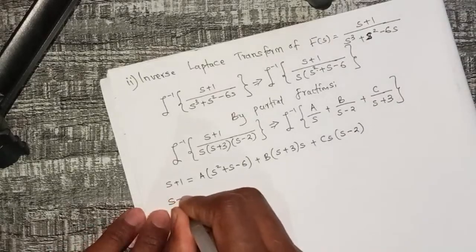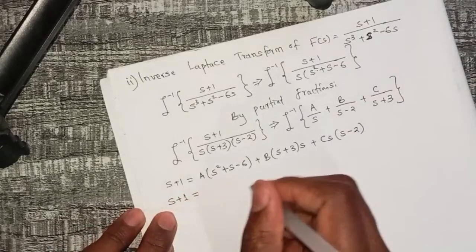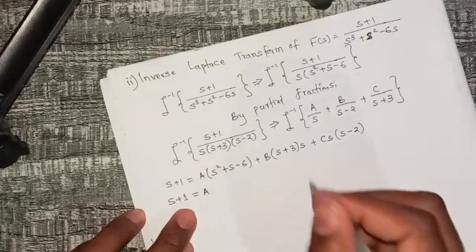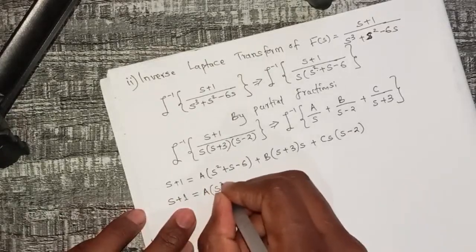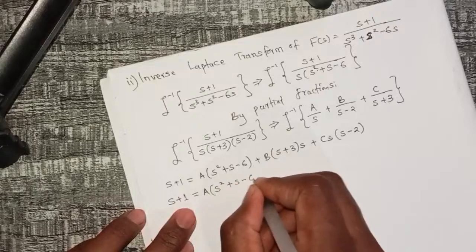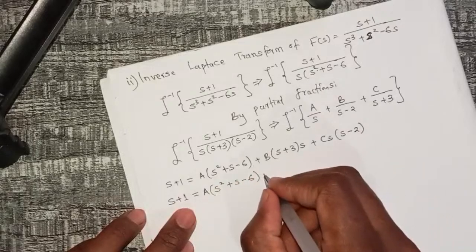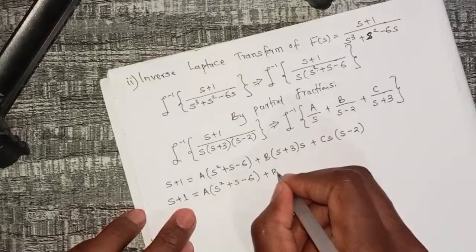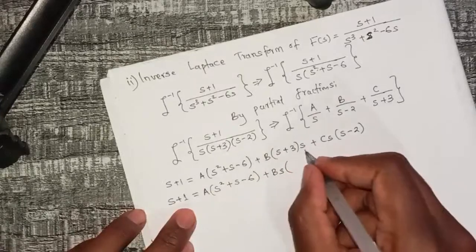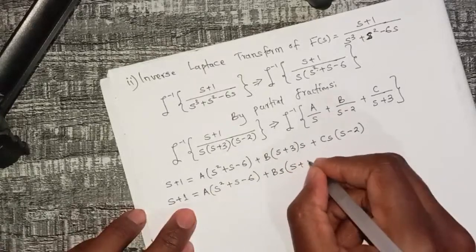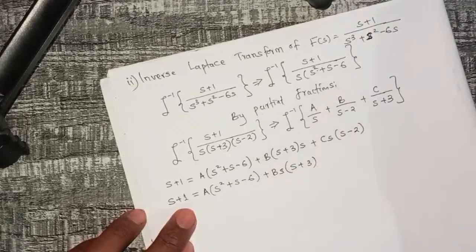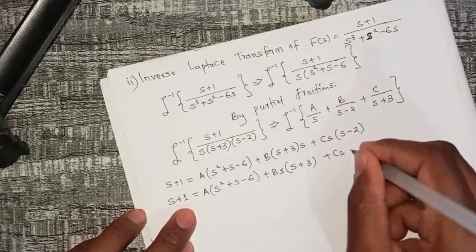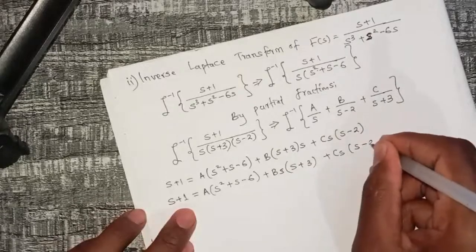Then again s plus 1 is equivalent to a, now we are simplifying, into s squared plus s minus 6 plus b of s, s plus 3, plus c of s, s minus 2.